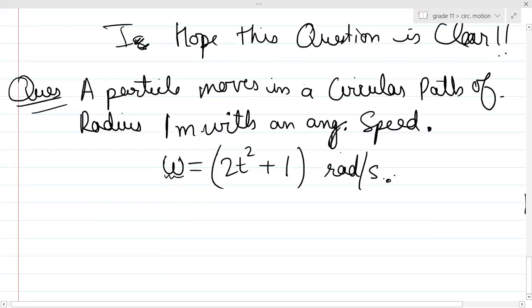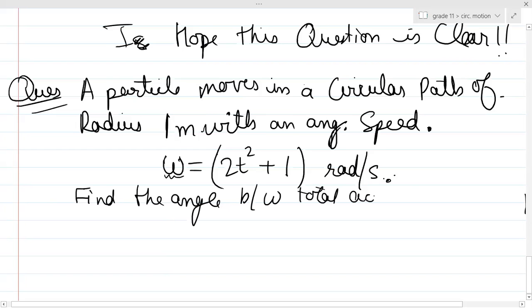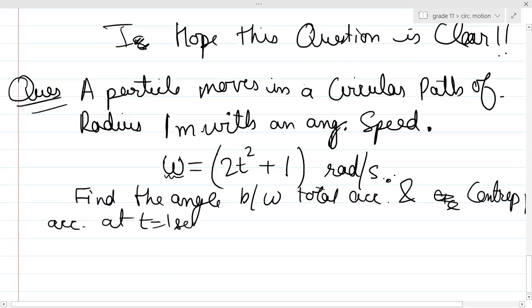So a particle moves in a circular path of radius 1 meter with an angular speed given by this. Angular speed is given in terms of time. Now the question is: find the angle between total acceleration and the centripetal acceleration at t equals 1 second.